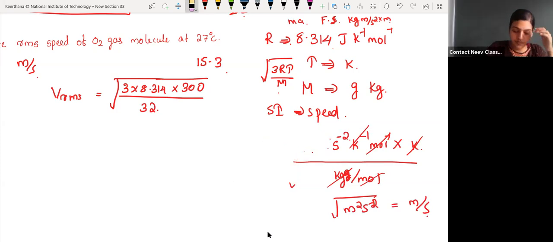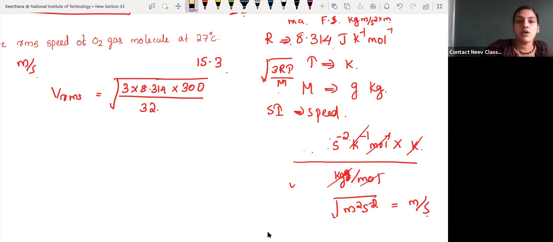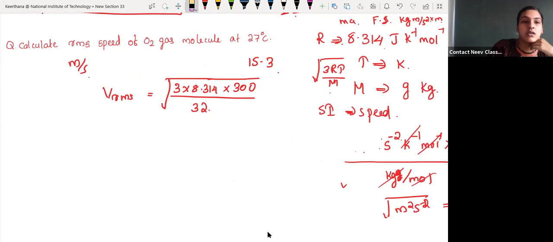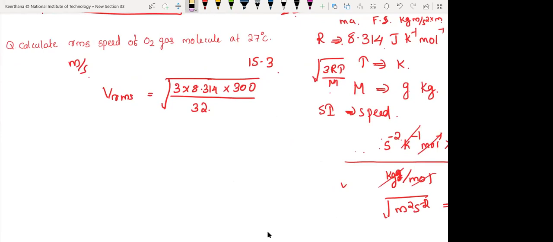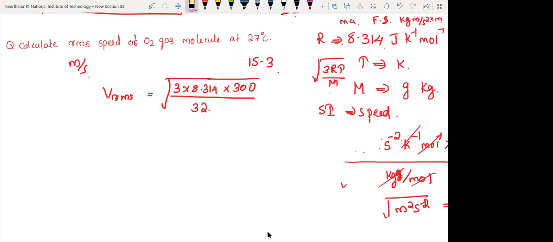Ma'am, we have to find the RMS for a single molecule. No, we are using the mass of O2 gas molecules at 27 degrees Celsius, right? Ma'am, it doesn't make sense for a single molecule. RMS is for a group of molecules. Right.